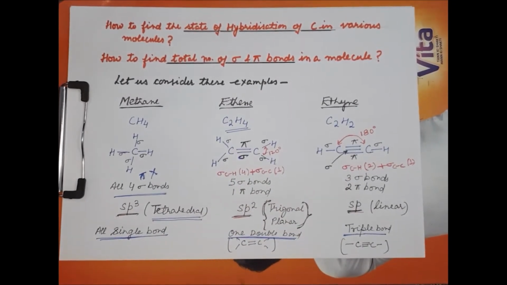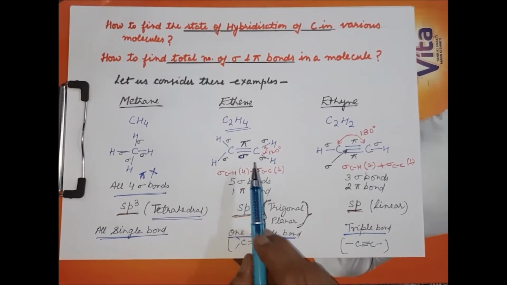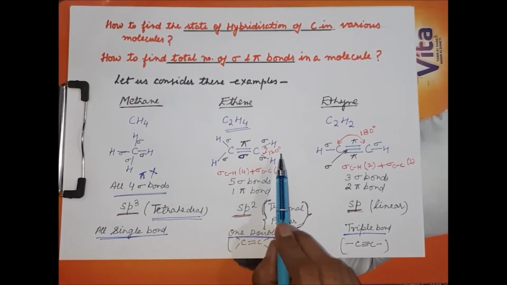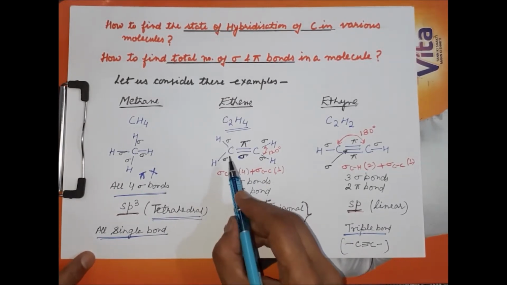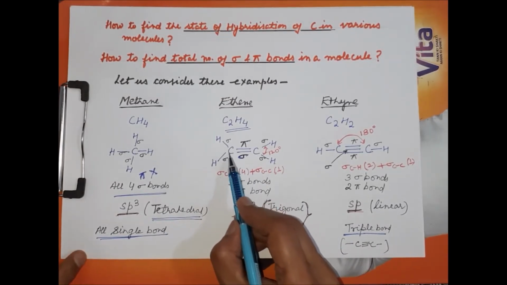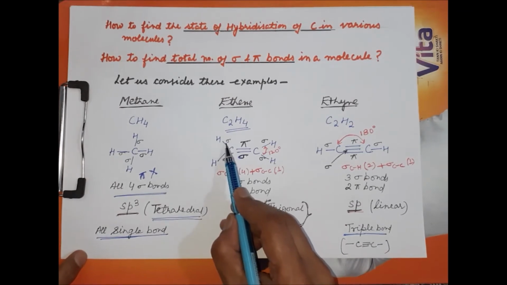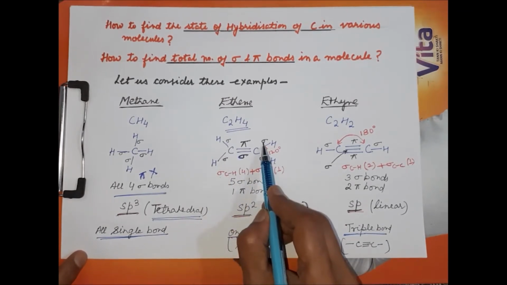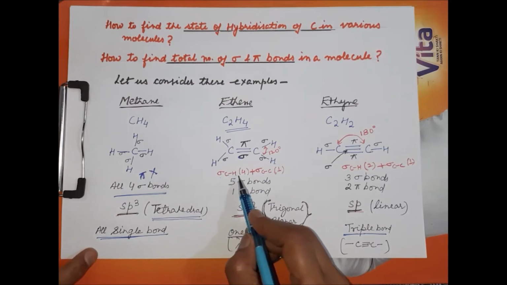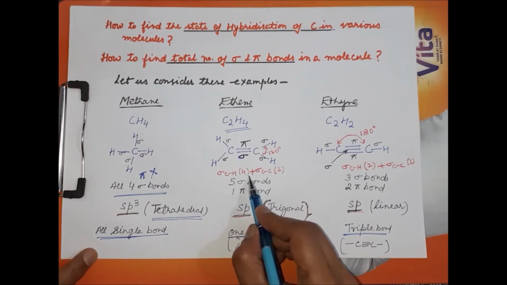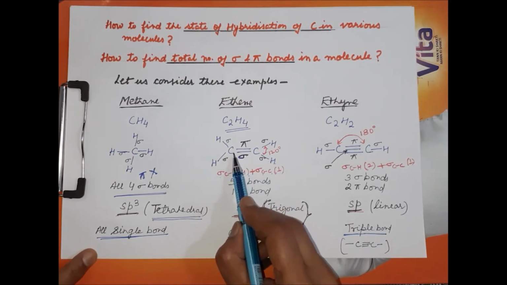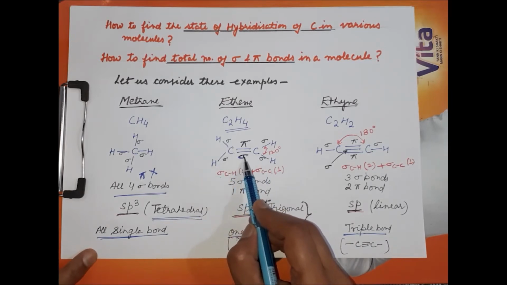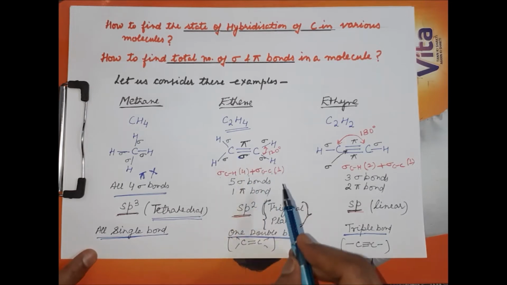First we can see how many sigma bonds are there in this ethene. I have written sigma C-H. This sigma C-H bond, there are 1, 2, 3, 4, so 4 bonds. Sigma C-C, the sigma bond between the 2 carbon atoms, we can see only 1 sigma bond is there.